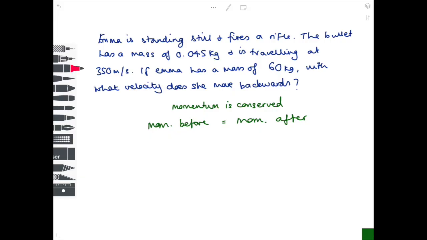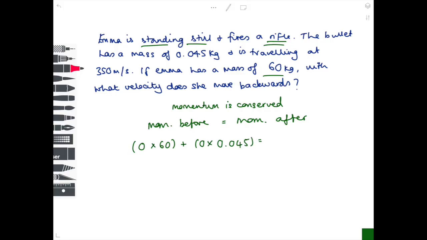So what is Emma's momentum before? Well, we've been told she's standing still, which means that her velocity is 0, times it by her mass, 60. We also know that the rifle hasn't done anything yet, it's going to be fired. In that case, the velocity of the bullet is 0 and its mass is 0.045 kilograms.